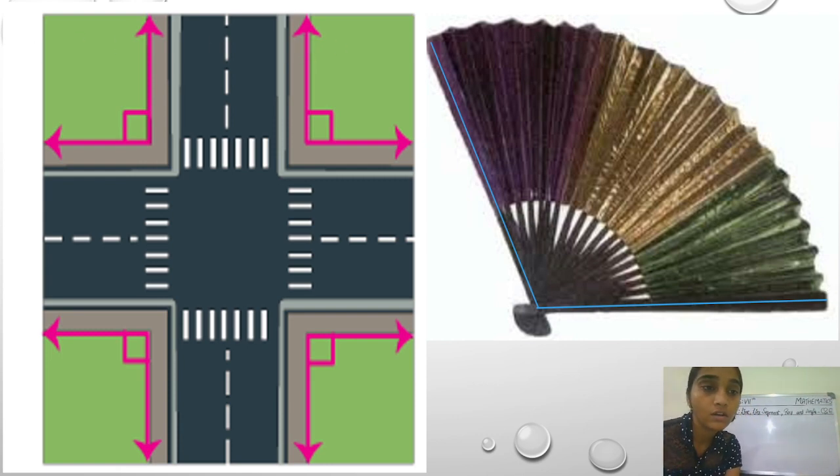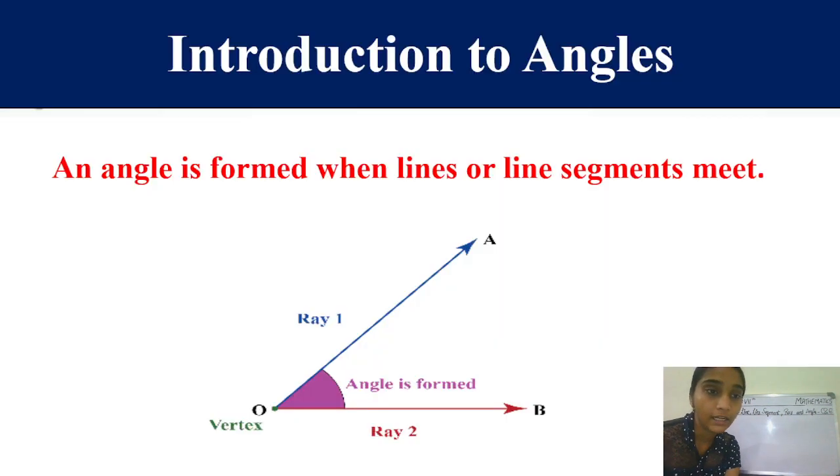So students, now let us discuss angles, because these are forming angles. Let's talk about what angles are. An angle is formed when lines or line segments meet each other. Okay, so students, if we have a line over here, OA and OB, they are the rays.